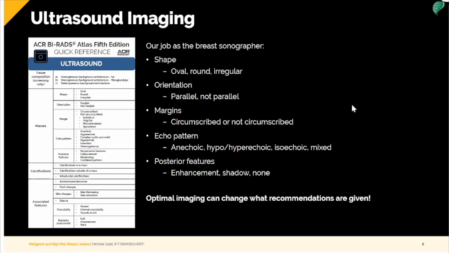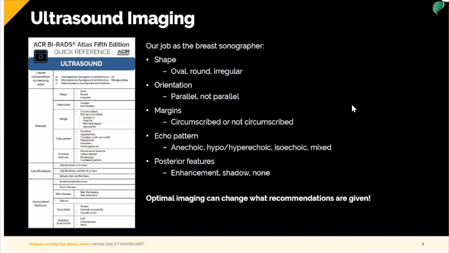So if we feel that we see a lesion that is round, oval, or irregular, we want to be sure to describe that to the radiologist. What is the orientation of that lesion? Is it parallel to the skin or not parallel? Does it have little fingers coming off of it? The margins, is it circumscribed? Could you take a pencil and draw all the way around it and say, I see all of those borders? Or is it not, or partially circumscribed?